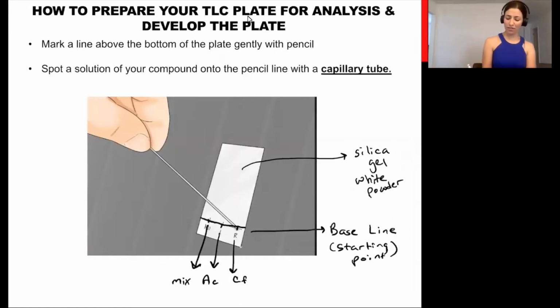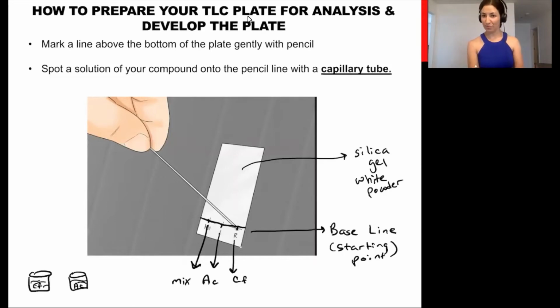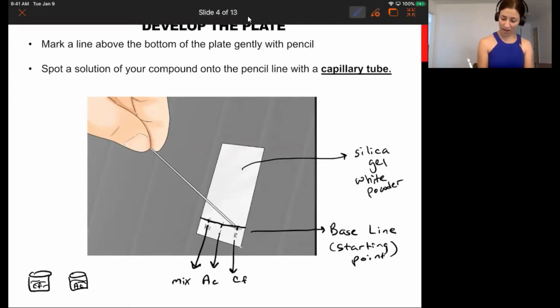And then what you're going to do is you're going to be given a solution of each of these components. Okay. Well, how do you get the solution onto the plate? Okay, you only want to place a small dot of that solution right in the desired lane.